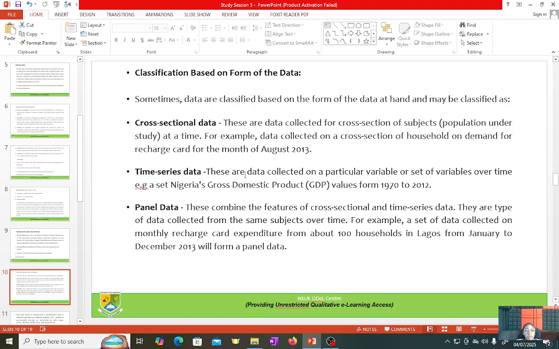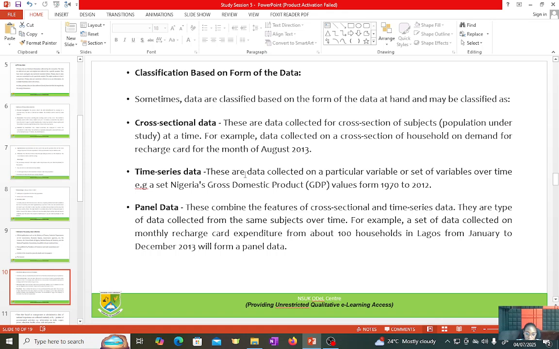Example, a set of Nigeria's gross domestic product from 1970 to 2012, or the rate of infection of malaria in children within the period of 10 years is also an example of time series data.